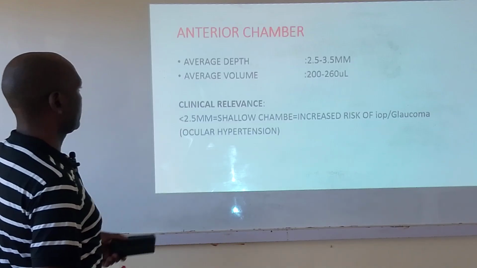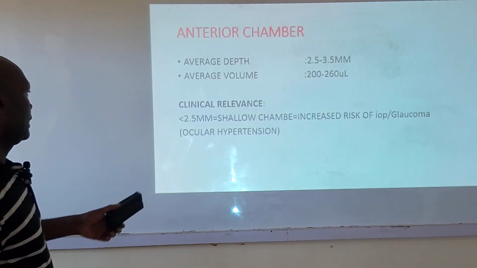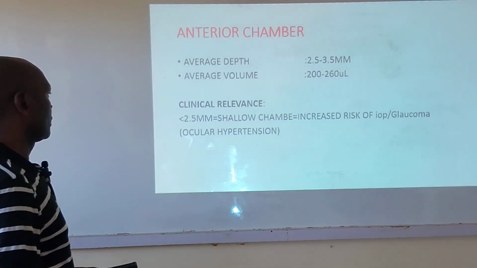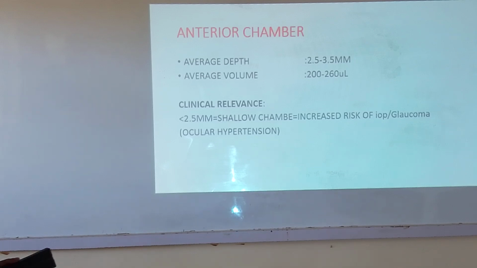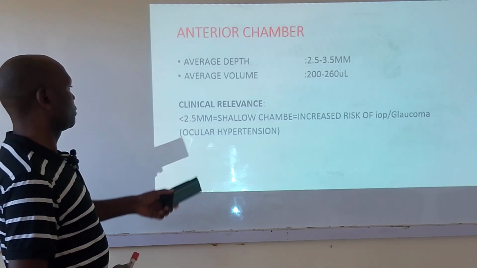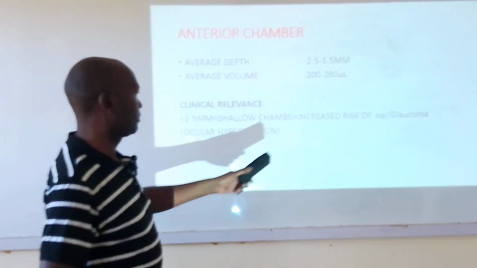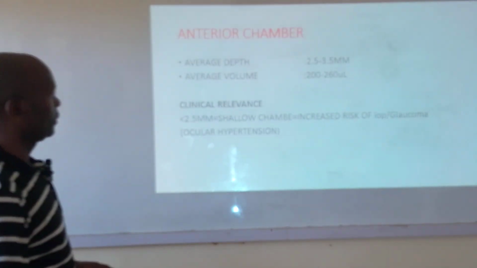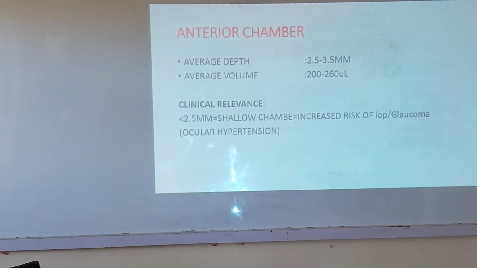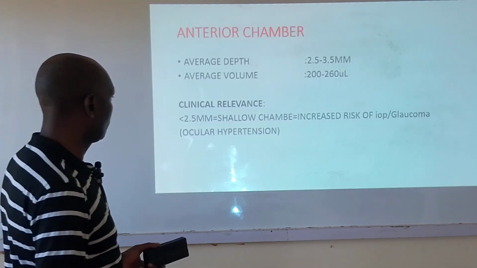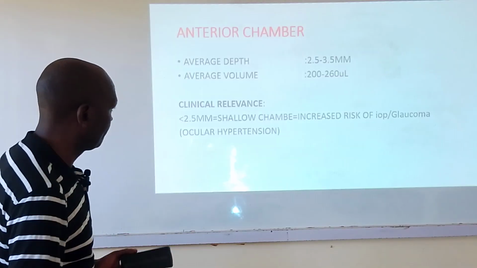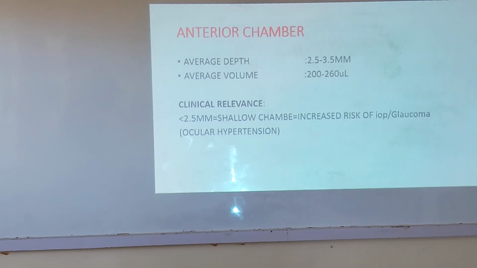In clinical relevance, any depth that is below 2.5, we call it a shallow chamber, and therefore this patient has increased risk of increased IOP, which is intraocular pressure, as well as glaucoma. And that is what we also refer to as ocular hypertension.